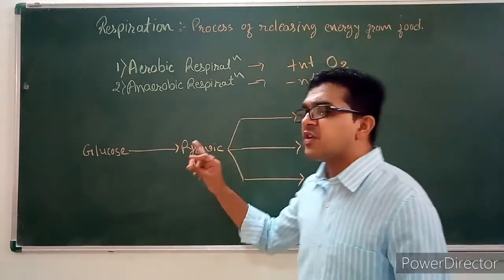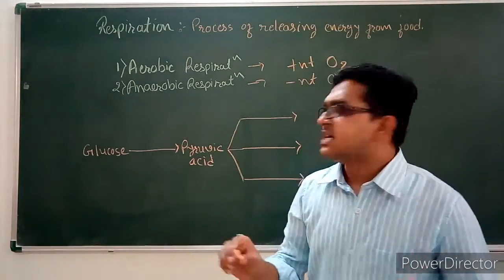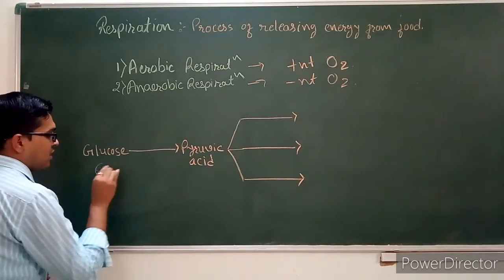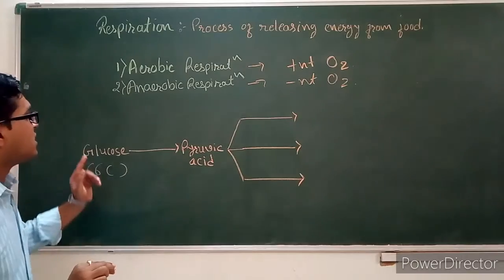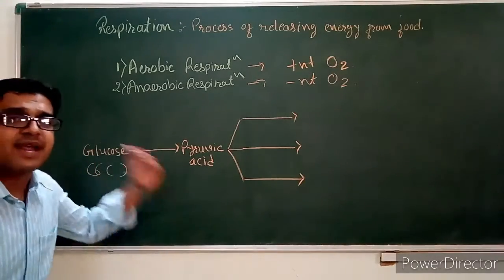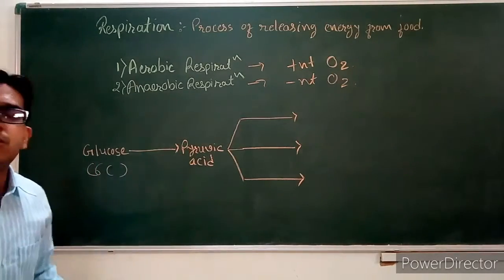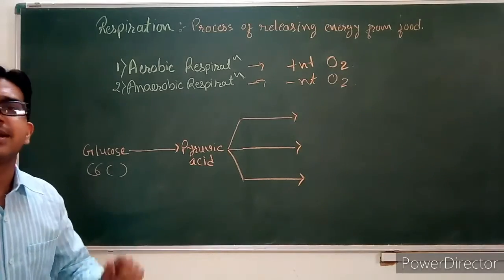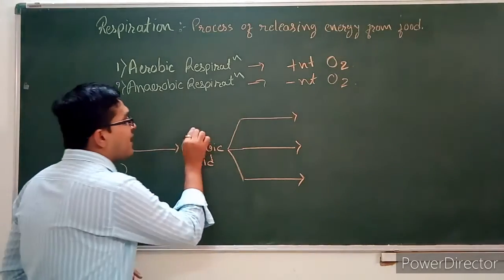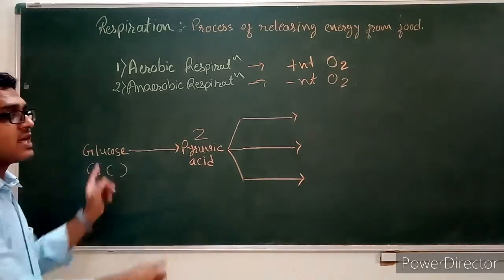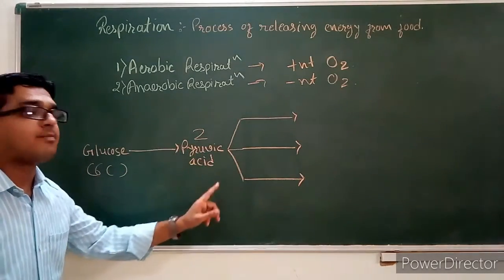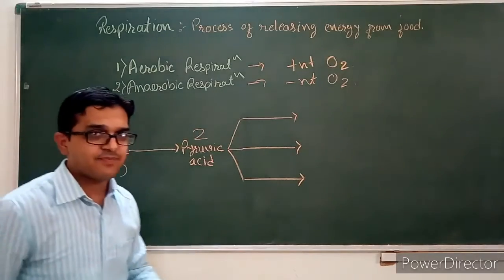We all know that glucose is a 6-carbon compound. Here glucose is broken down into 2 molecules of a 3-carbon compound, that is pyruvic acid.